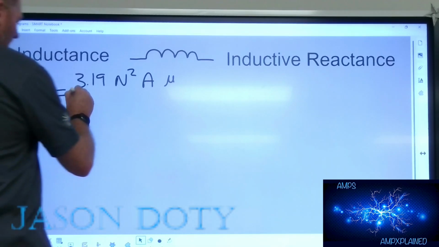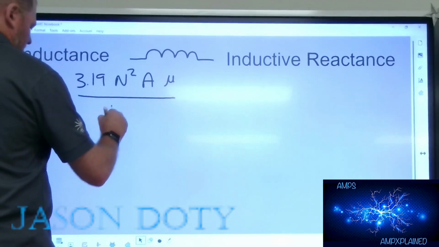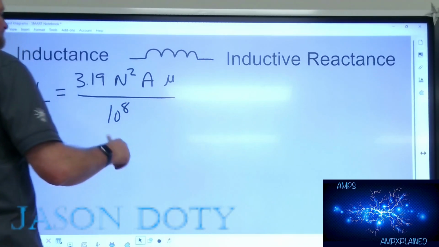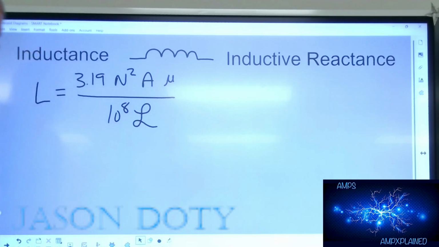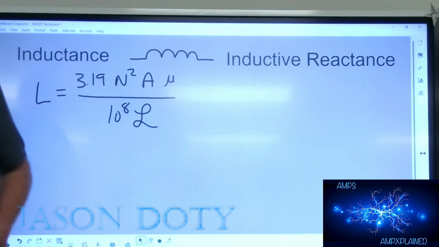All of that divided by 10 to the 8th times the length of the core. So this is really helpful when we have to decide what factors go into inductance.